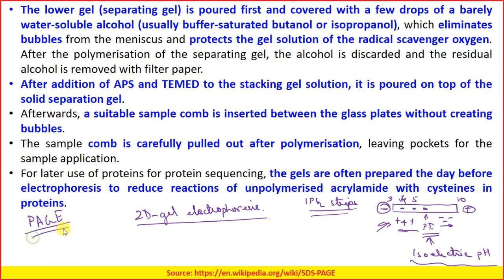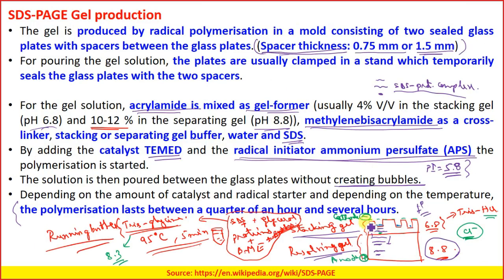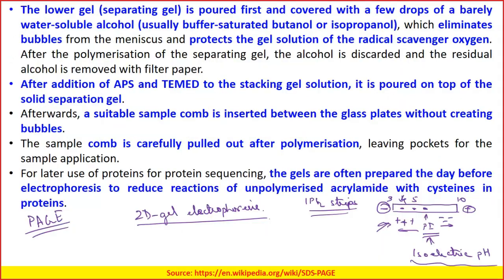So what is the advantage? In the first case, we have segregated the proteins over here. Now, instead of this stacking gel, we already have the samples ready, segregated in terms of their isoelectric pH.